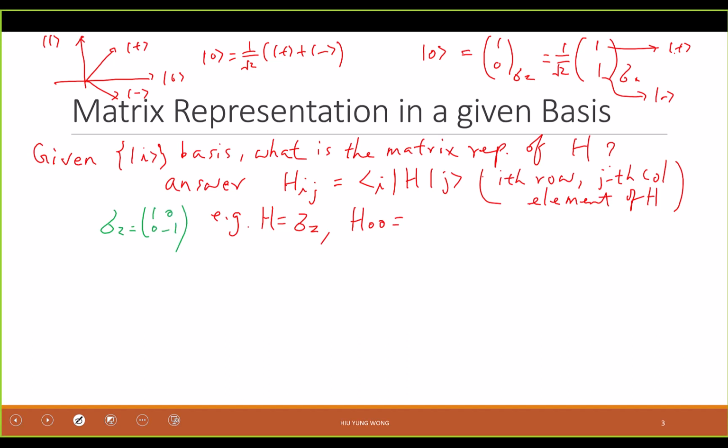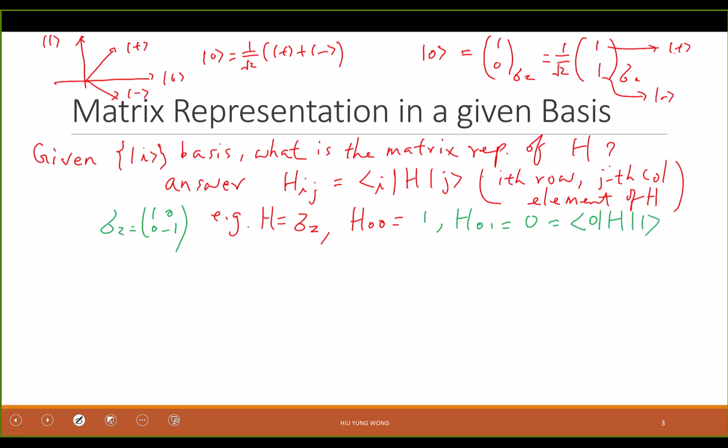So what is H00? 1, because it is the 0th row and 0th column. What is H01? 0. That is what it means. H01 is just equal to ⟨0|H|1⟩.